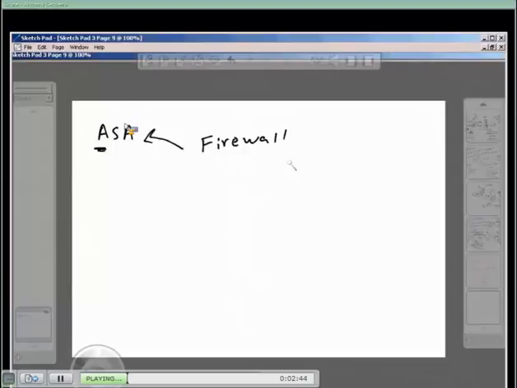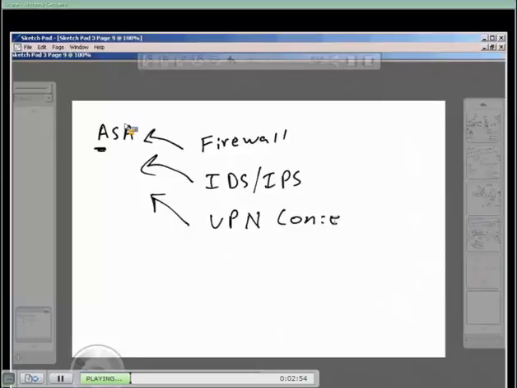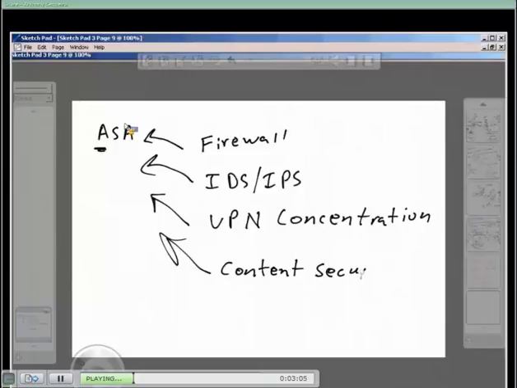But then you can put modules inside it to do intrusion detection or intrusion prevention. You can put modules inside it to do VPN concentration. You can even put modules inside it to do what's called content security. Like literally, it can interact with your virus checking.